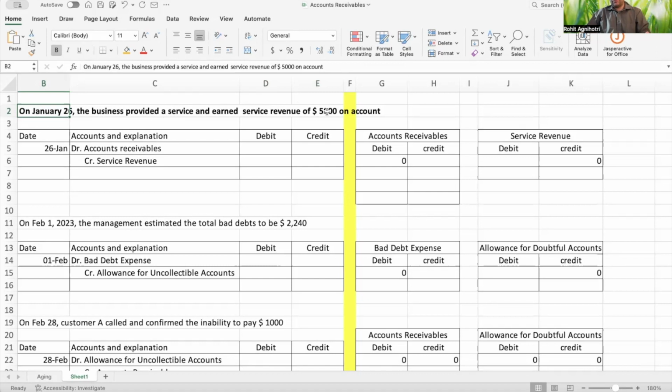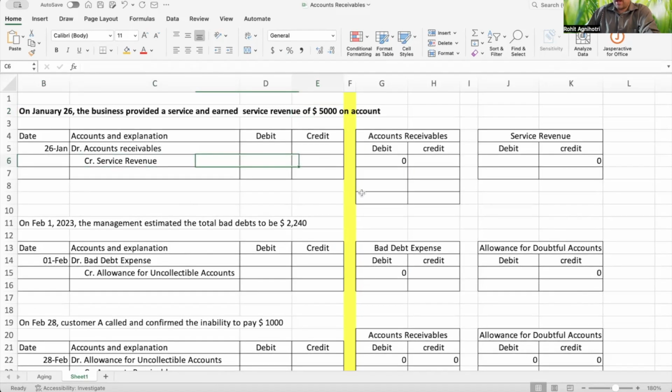Going back to my last presentation, when we talk about on account, we mean that the payment was not in cash. The customer is going to pay you at a later date based on the kind of contract you have. So you earn $5,000 as service revenue, so your service revenue went up, credit.